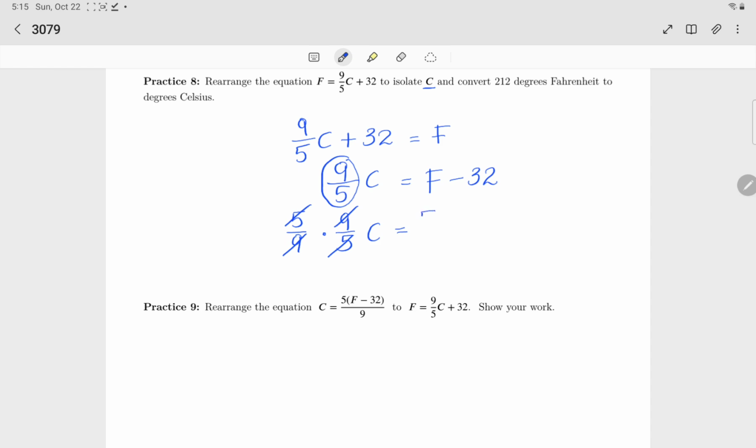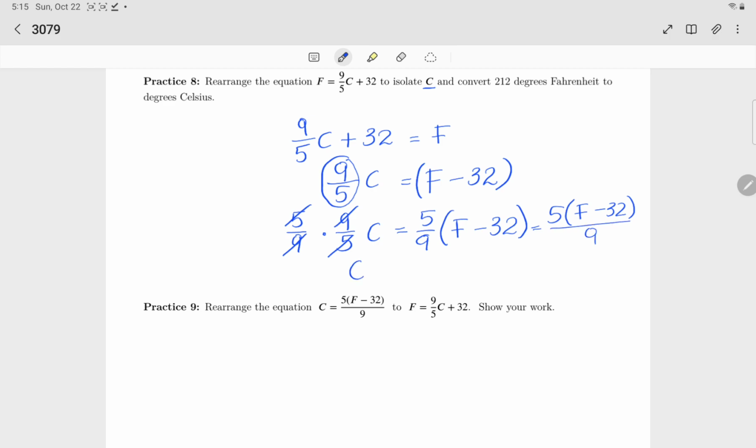We have to multiply the whole thing by 5 over 9, so we have to put F minus 32 in brackets. Now we can rewrite it as 5 times F minus 32 over 9.